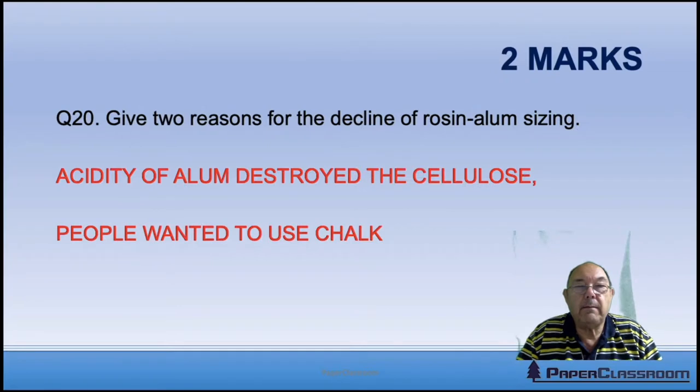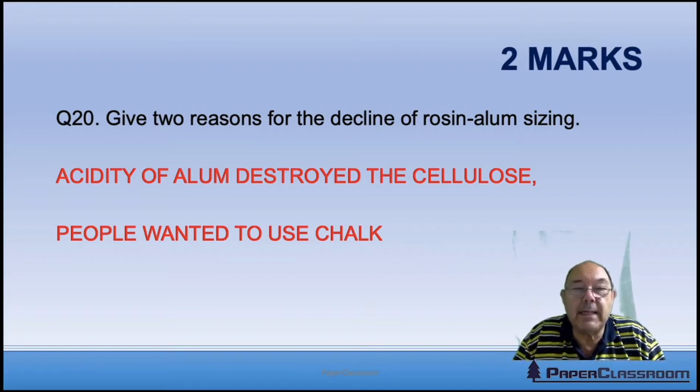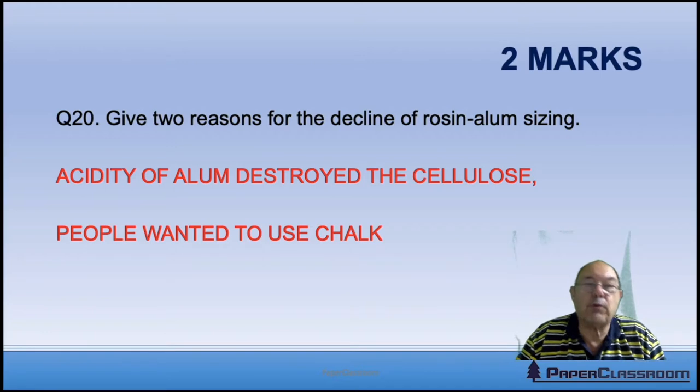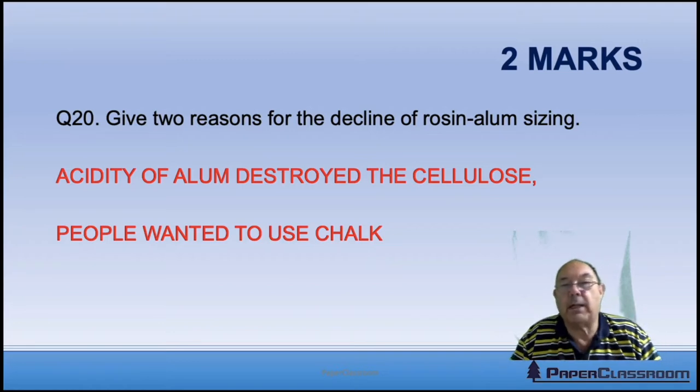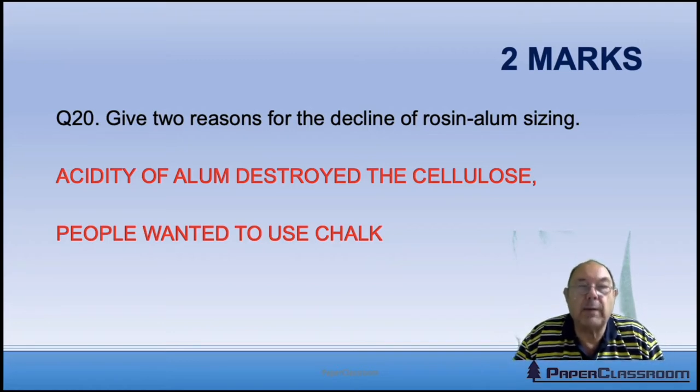And finally, question 20. Give 2 reasons for the decline of rosin alum sizing. Or 1 reason: the acidity of the alum slowly destroys the cellulose, so paper doesn't have a great lifespan if you use traditional acid rosin alum sizing.